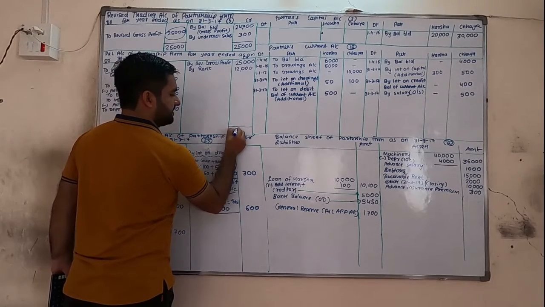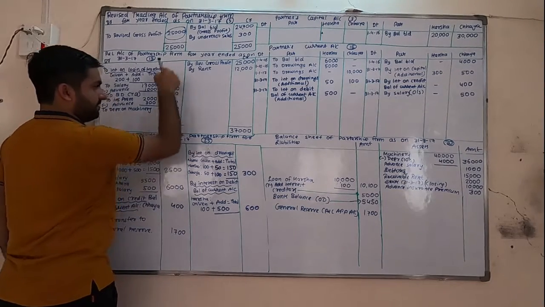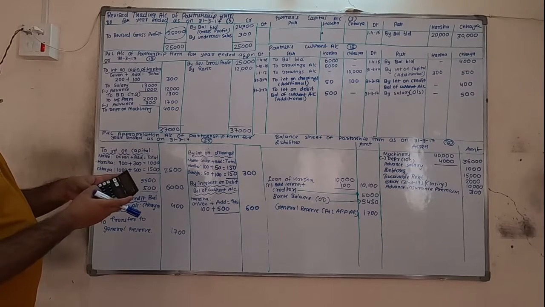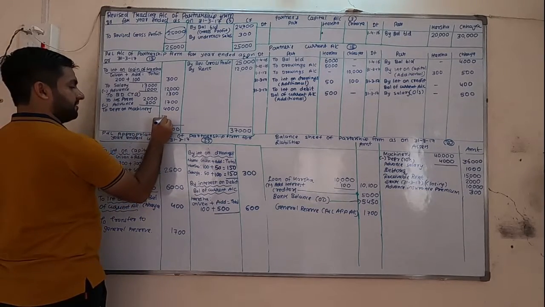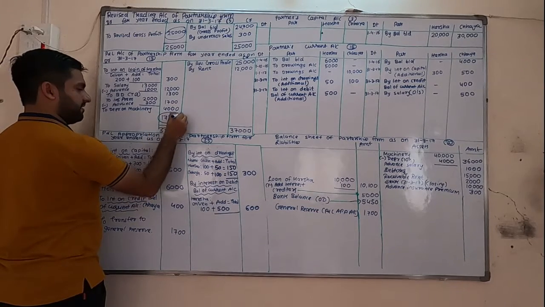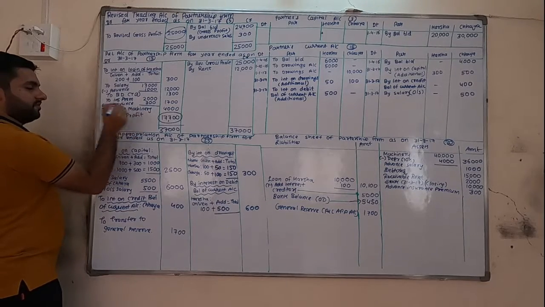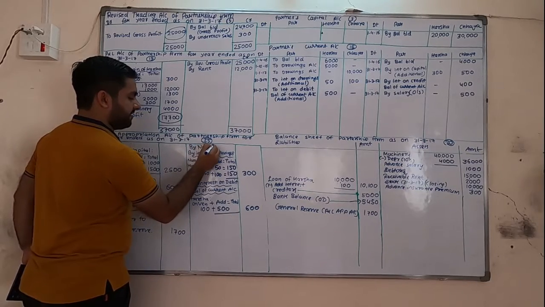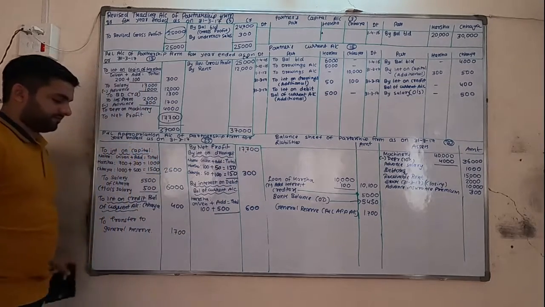Again here total is 37,000. Now subtract from 37,000 minus 300, minus 12,000, minus 1,300, minus 1,700 and minus 4,000. So it is 17,700. And what is this? To net profit. It is debited, so here it is credited by net profit 17,700.